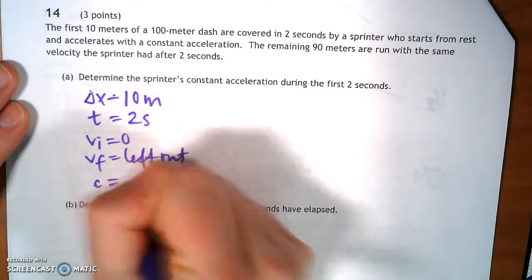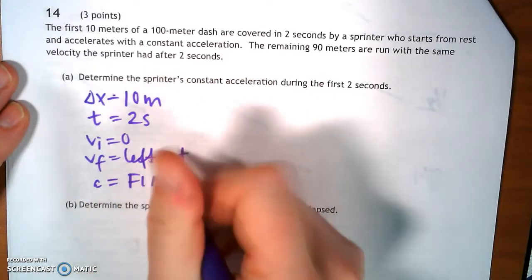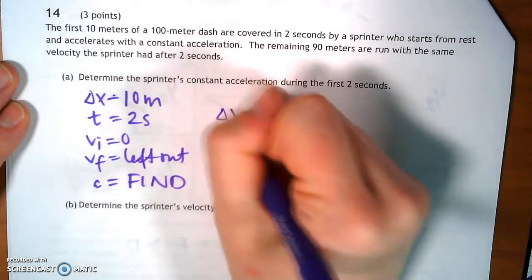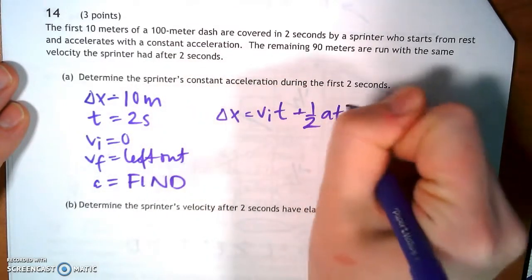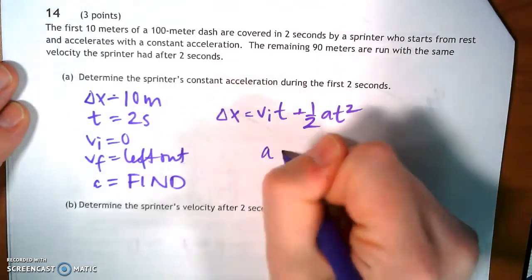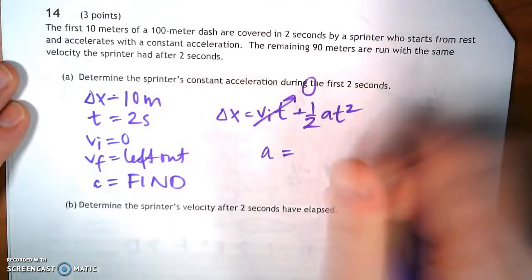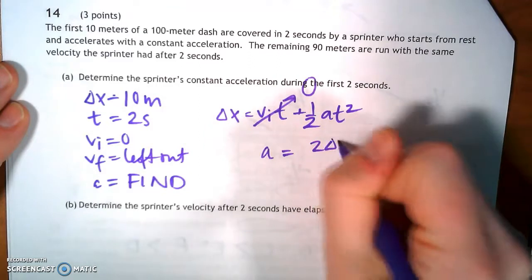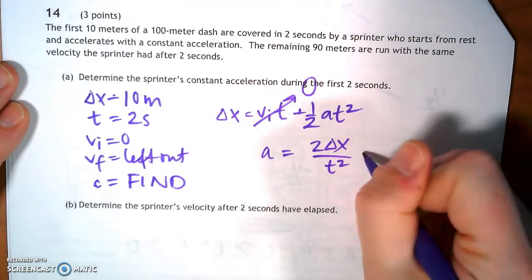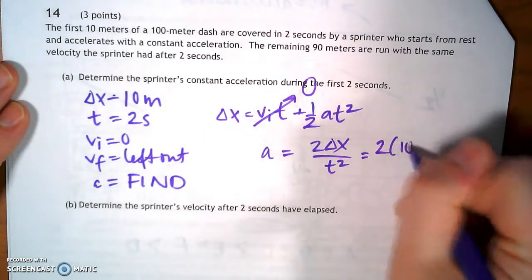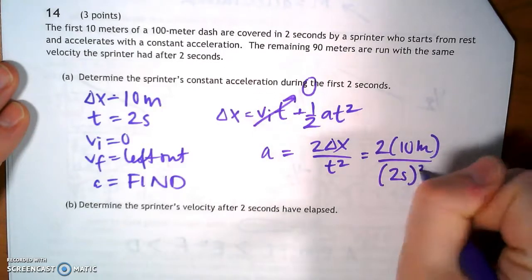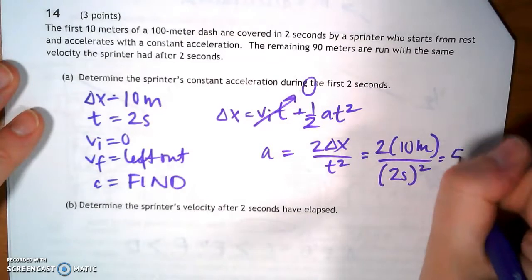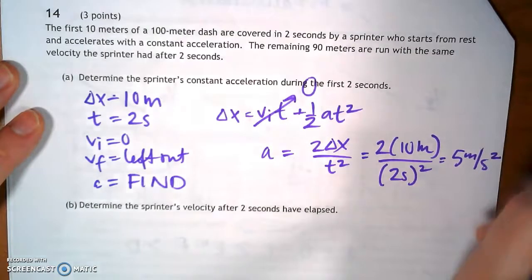And I want to find my acceleration. So I'm going to choose an equation that does not include final velocity. So my acceleration is going to be equal to 2 times 10 divided by 2 seconds squared equals 5 meters per second squared.